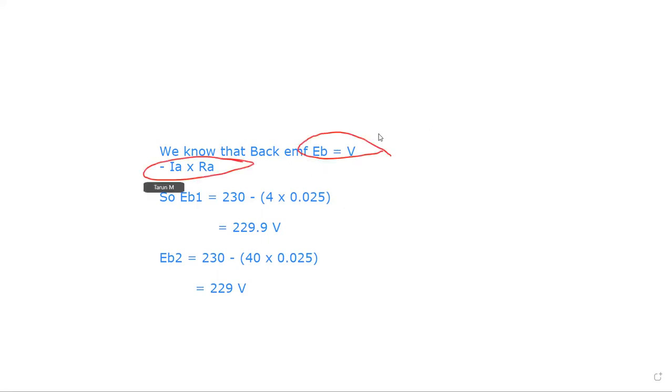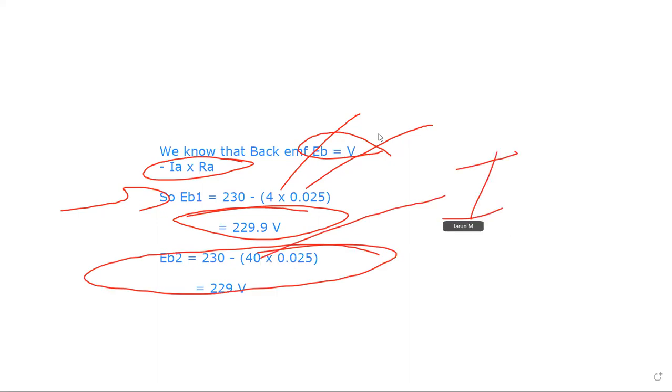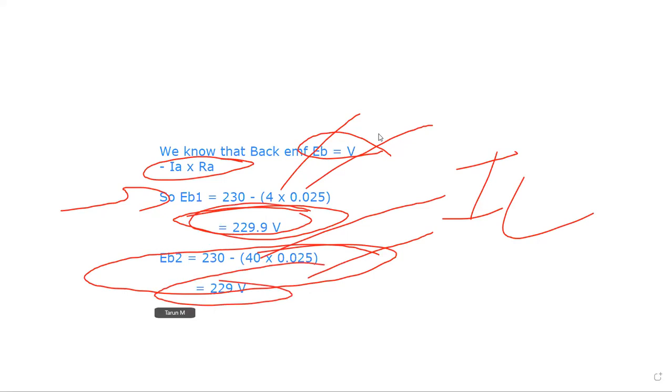For the first case, EB1 equal to 230 minus IA, which you already calculated as 4 amps, and the resistance is given in the formula. For EB2, it is 230 minus the line current at full load, that is 40, and RA is already given. So EB1 will be equal to 229.9 and EB2 will be equal to 229. This much is clear now.